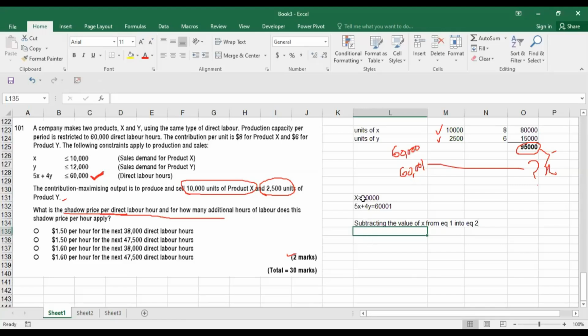So this X is equal to 10,000. I can say 5 multiplied by 10,000 plus 4Y is equal to 60,001. I just put the value of X and I can say that 4Y is equal to 60,001 minus 50,000.